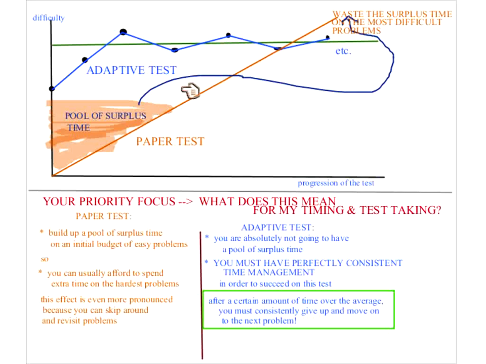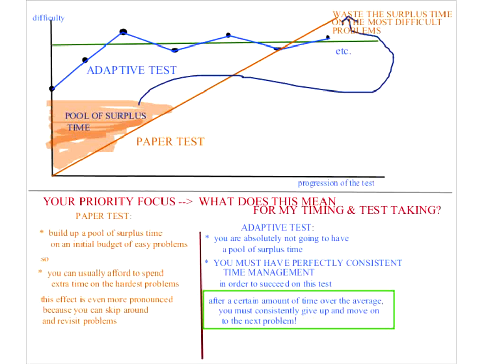Okay. The other thing I want you to notice about these things is that here on a paper test, most of the high scorers are going to be getting all of these things right. And so your score is basically going to come down to how you perform on these hardest problems.